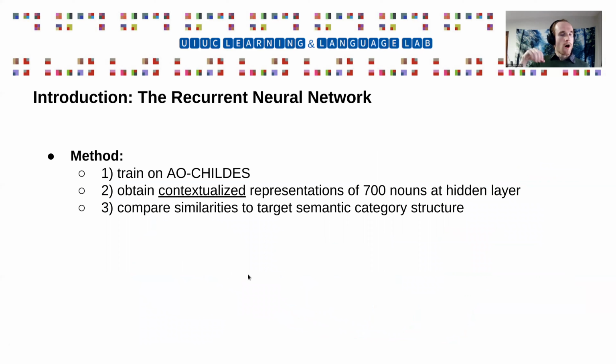And now, armed with these representations, we can compare these learned representations to the target semantic category structure. These are the human-generated category labels for each noun. We're just trying to get a basic idea of how well the learned similarities correspond to human knowledge.